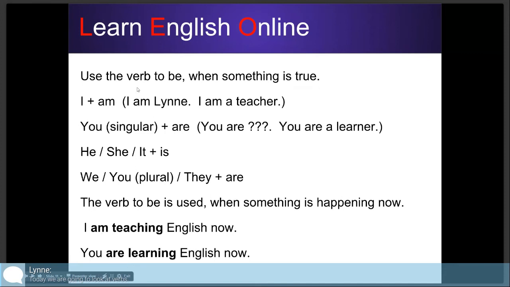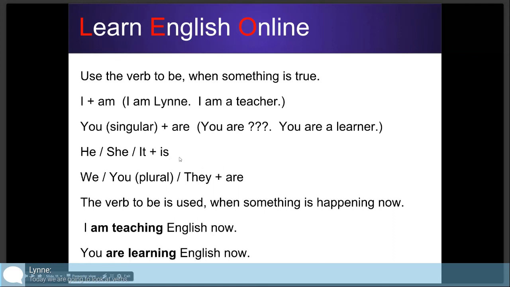Okay. We use the verb to be when something is true. Remember greetings and introductions? I am Lynn. I am a teacher. You are, you singular, you as a person. You are a learner. I'm a teacher, you're a learner. He, she, it is.